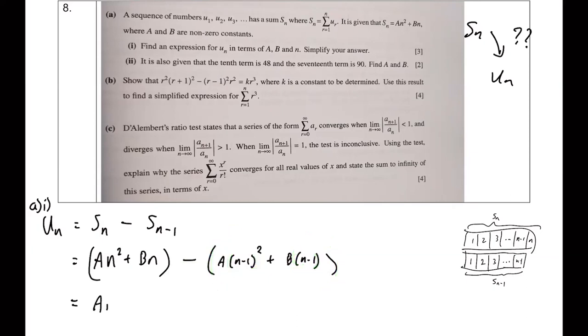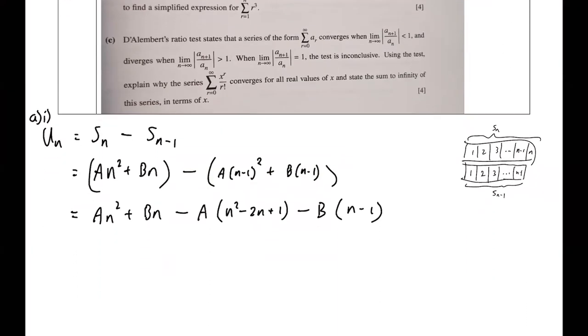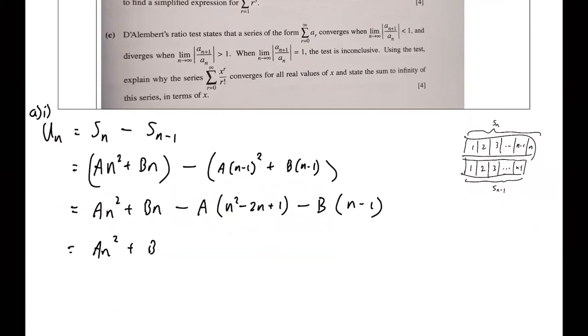Moving on, an squared plus bn, minus away, multiply out. Then you get minus a times n squared minus 2n plus 1. Then minus must again distribute into plus b, become a minus b times n minus 1. Simplify now, an squared plus bn minus an squared plus 2an. Right, why plus?